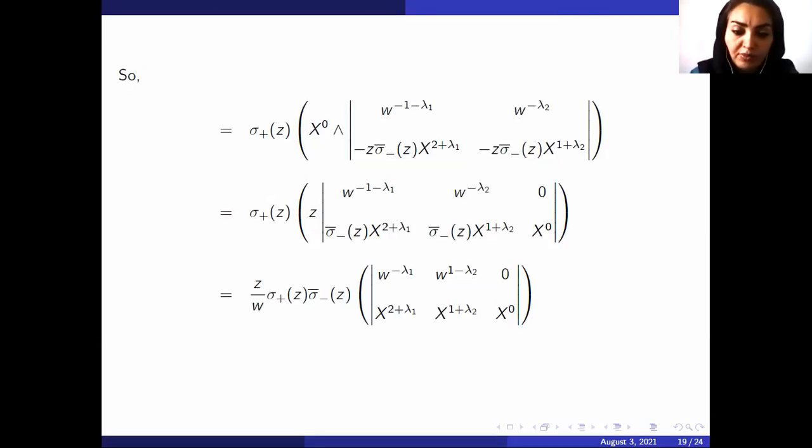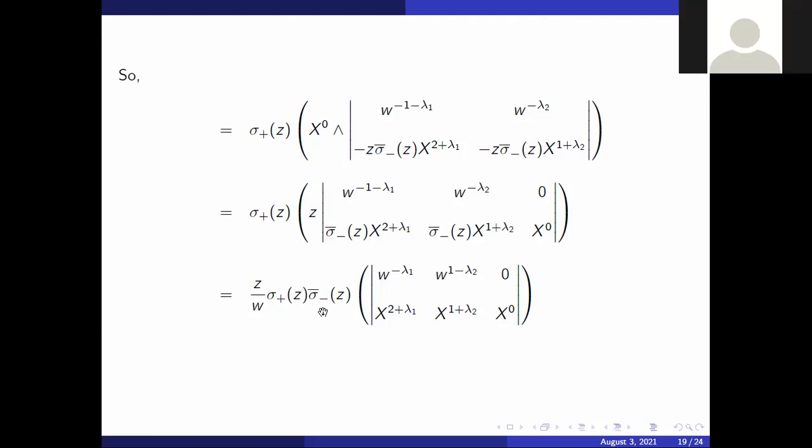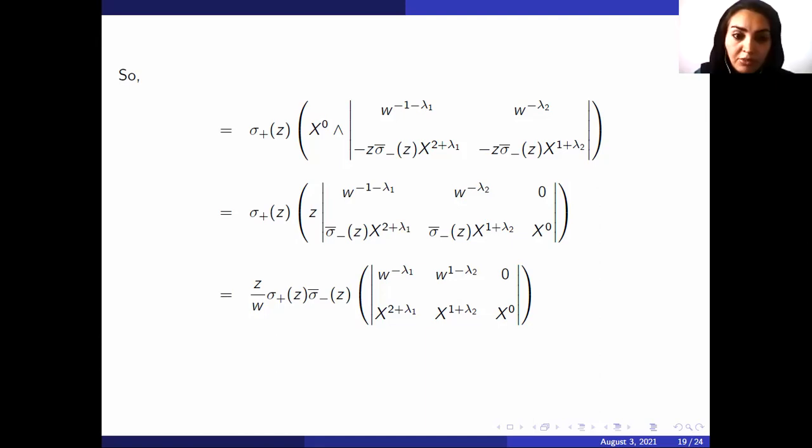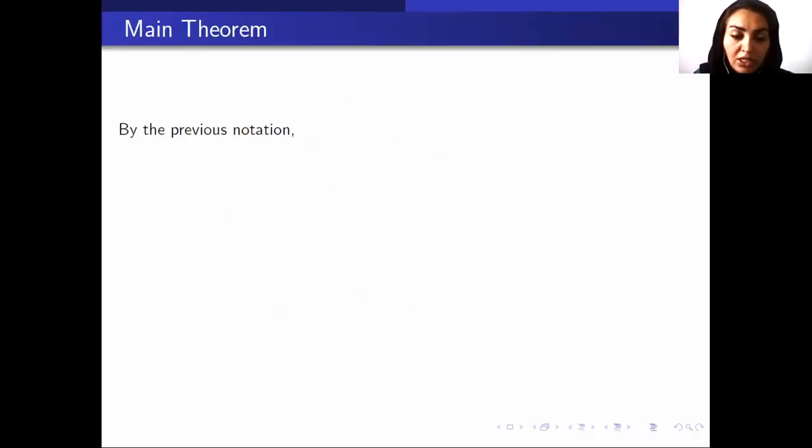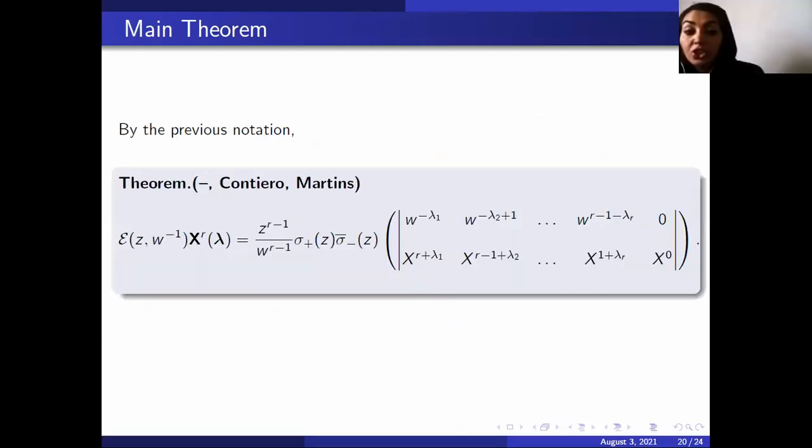Now, you see here sigma plus z and sigma minus bar z. Our Schubert derivation is the first one, sigma plus z, exactly the first exponential part appearing in the DJKM representation, and sigma minus bar z is the second exponential expression. With our notation, as I explained along this talk, we have this main theorem in the general case for wedge R lambda.